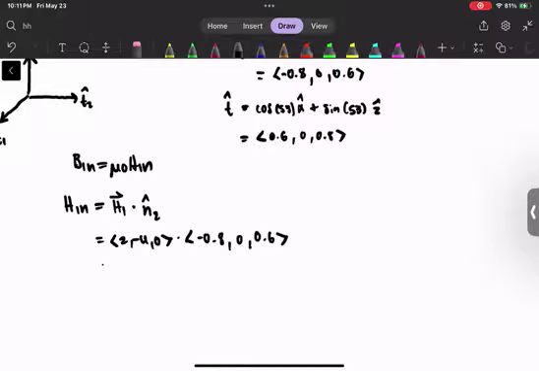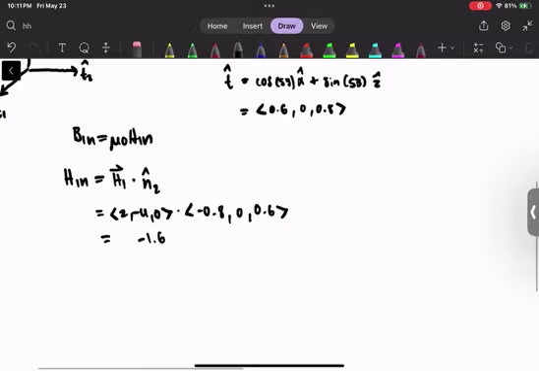If we do the dot product and add each of the xyz's up, this equals -1.6.